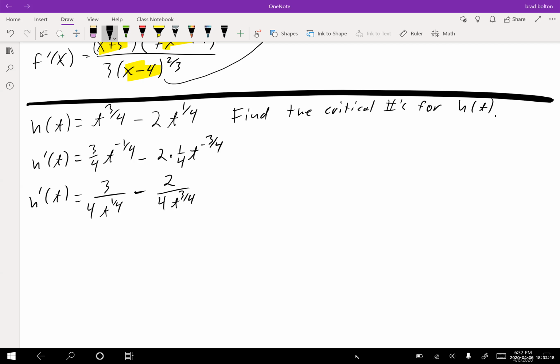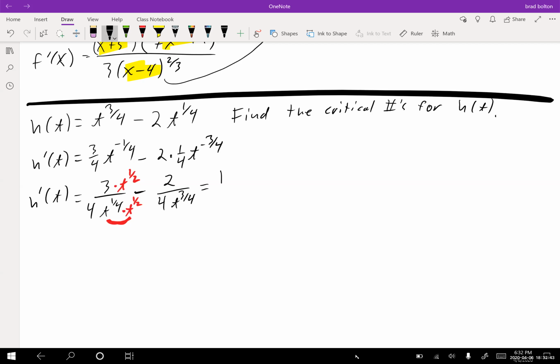Well, if you add a 1/2 to a 1/4, you would get 1/2 plus, 2/4 plus a 1/4 is 3/4. So in order for these to be common denominators, I need to multiply this by t to the 1/2 times t to the 1/2, okay? And when you have same bases, like these are, remember, all you do is add their powers.